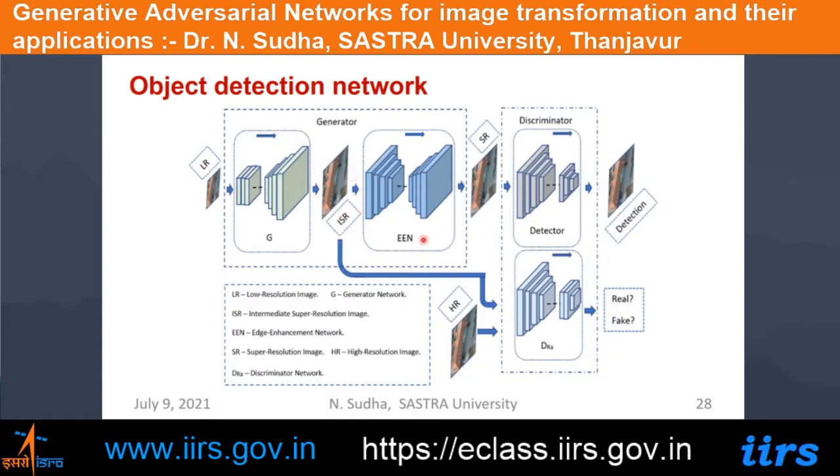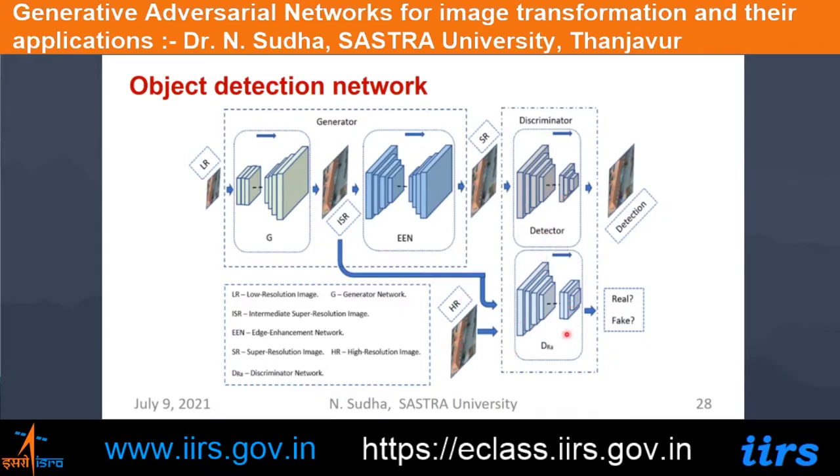This intermediate super resolution image is given to the edge enhancement network, where the edges are enhanced, and you get a super resolution image with enhanced edges, and that is given to the detector.